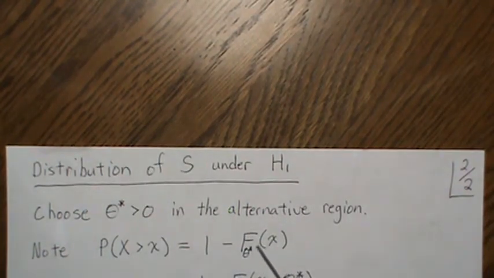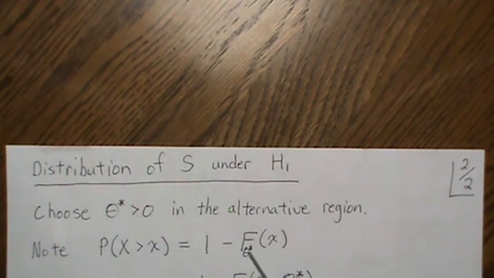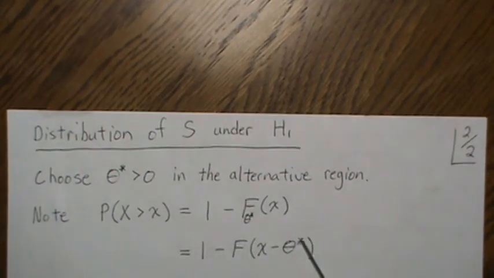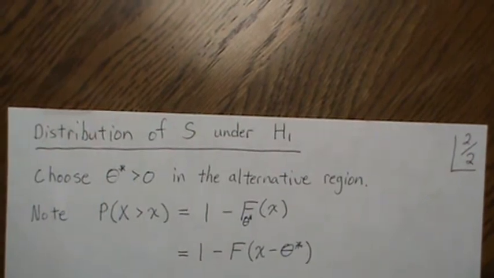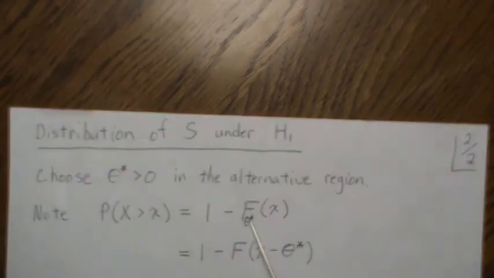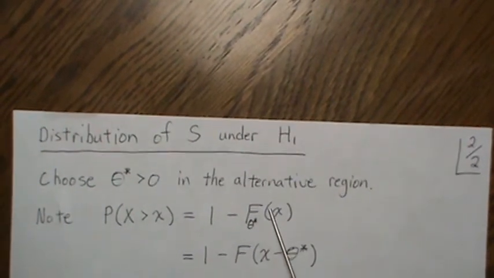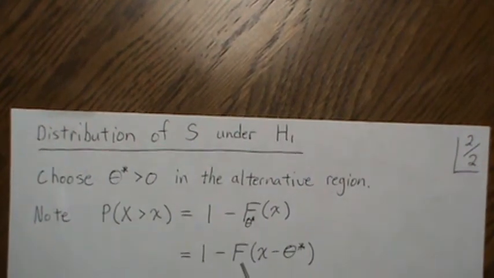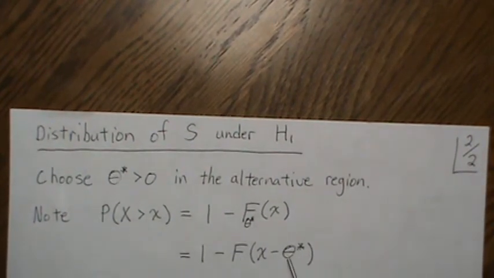So it's 1 minus the CDF, but you have to put theta star, because that emphasizes that this distribution is now the distribution that we picked in the alternative region. Okay, so now this right here is actually the distribution under the null hypothesis, but with the new median, so it's actually shifted. So these are the same.